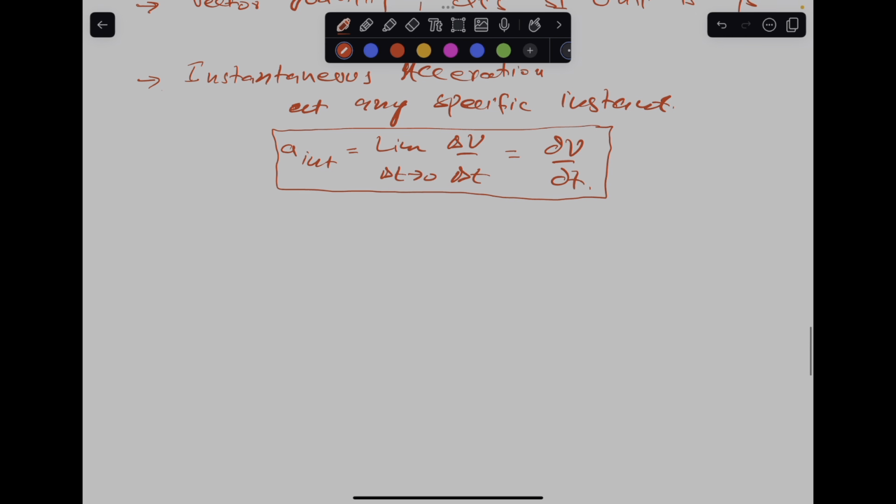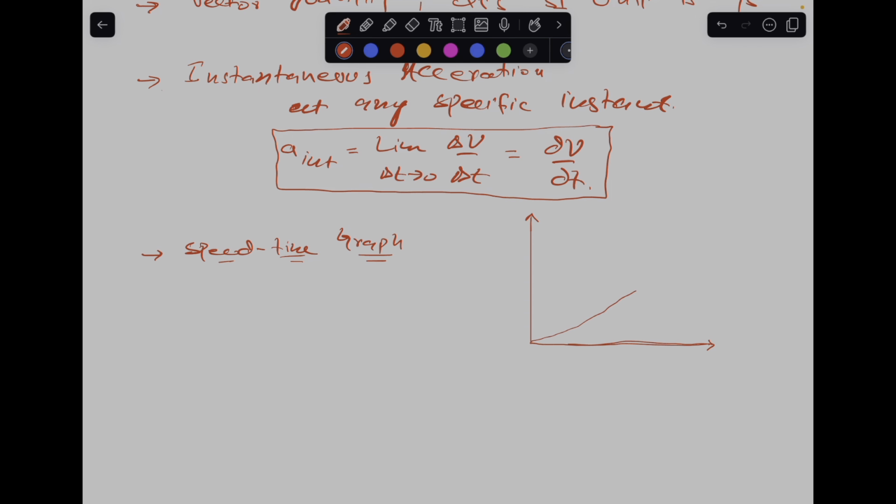Like what we did, we can plot the position of the particle as a function of time; now we can plot the velocity of a particle at any instant of time, and this is your speed-time graph or velocity-time graph.